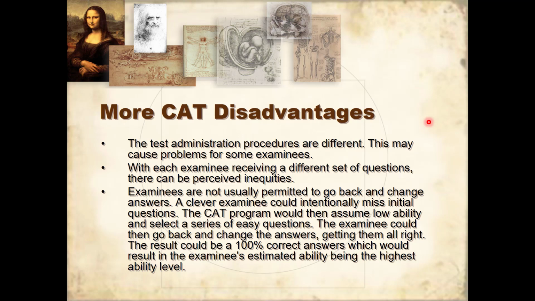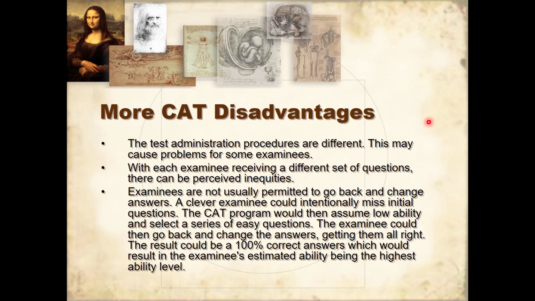So that's another one. With a CAT, a lot of times you can allow people to go back and change their answers. Some people don't like that from a user experience standpoint. And that's because early on, people figured out a clever way to game the system. What they would do is miss two or three items in a row on purpose and then get a bunch of easy items, right? And so the initial algorithm thinks, well, they missed five items in a row, they must not be very smart.